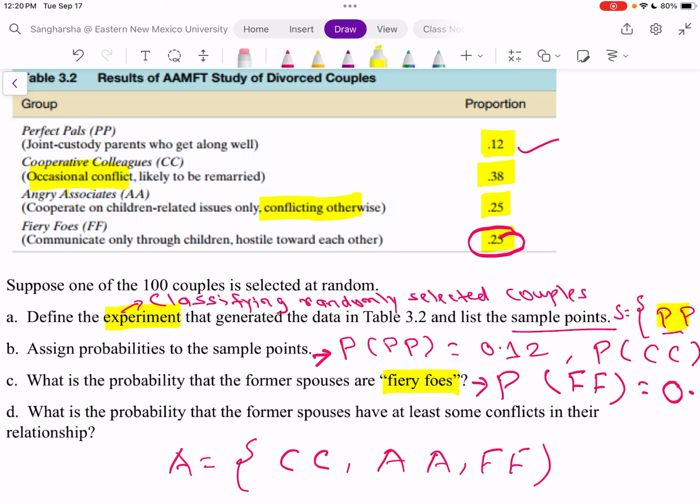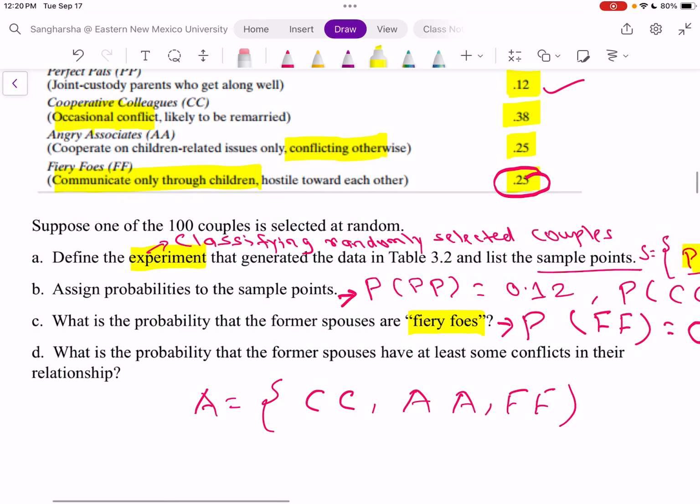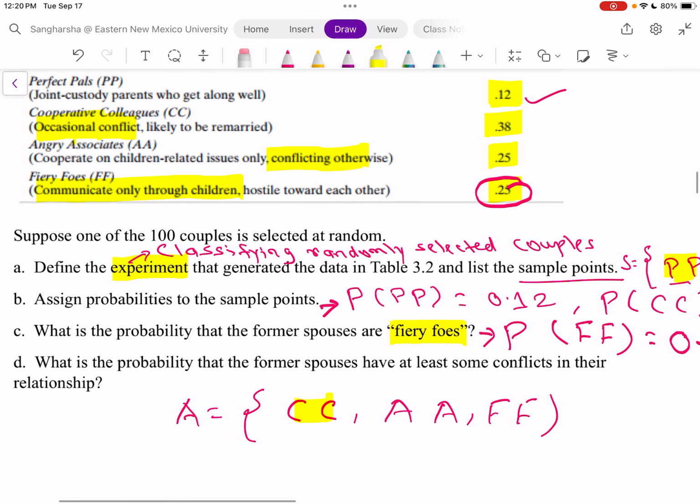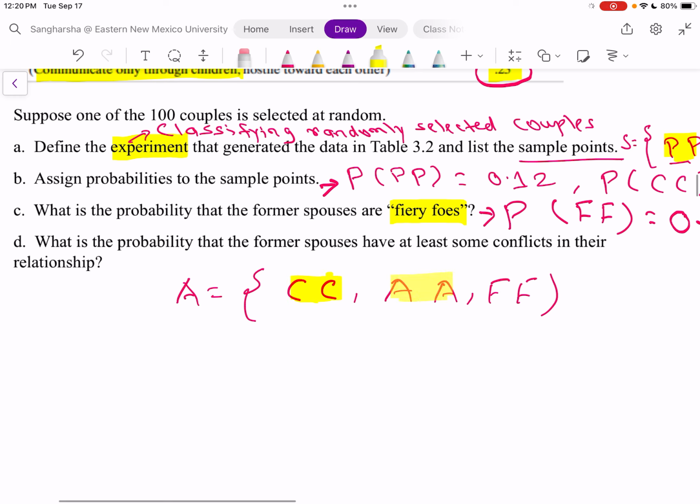And FF also, they are hostile towards each other and communicate only through children, so they also have conflicts in this group. But for PP, there is nothing about conflict. So these three are the sample points which have at least some conflicts in their relationship.